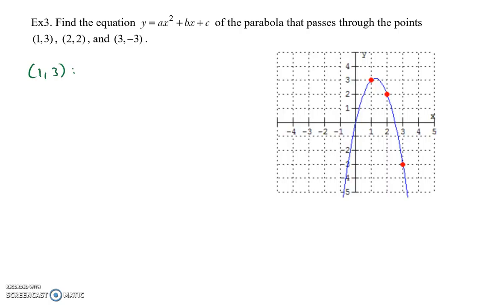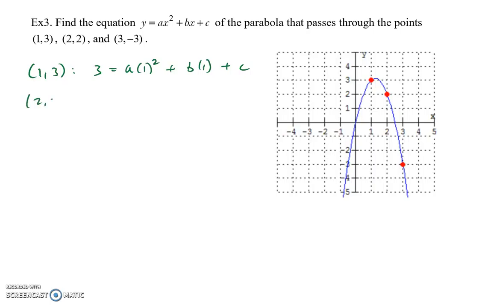In other words, when x is 1, y is 3. That would give us the equation 3 equals a times 1 squared, plus b times 1, plus c. Okay, we'll simplify that in a moment, but let's turn to the next point, (2, 2).